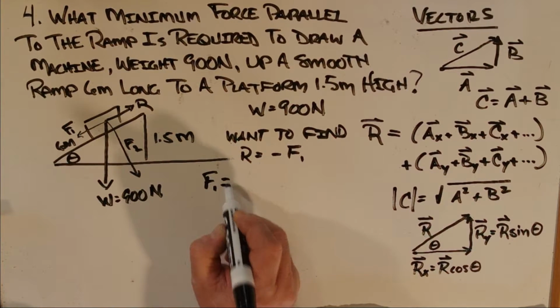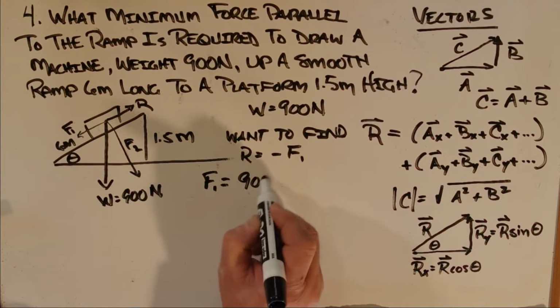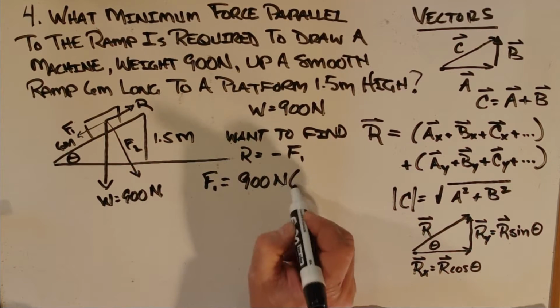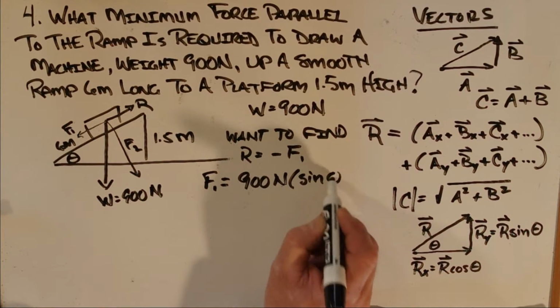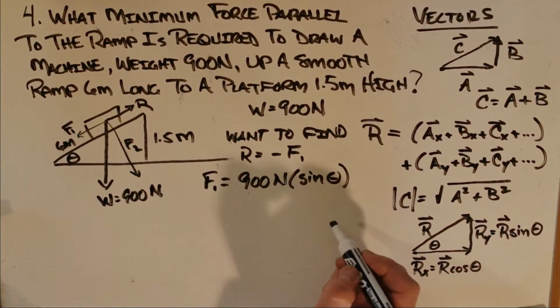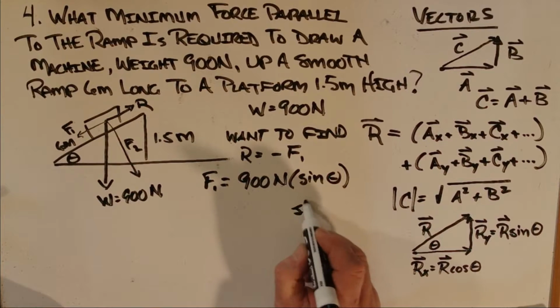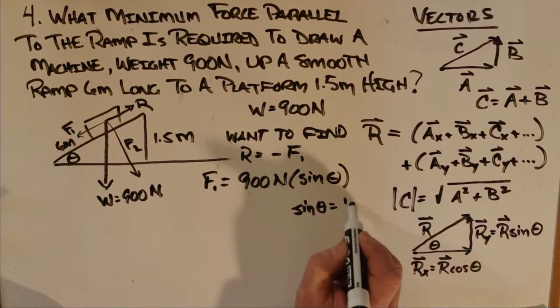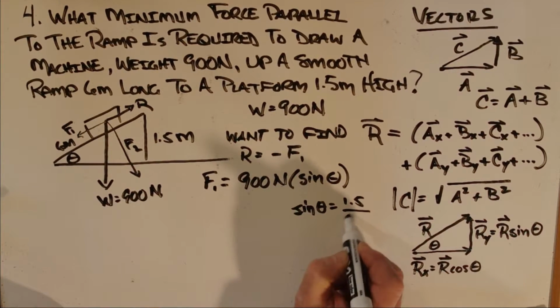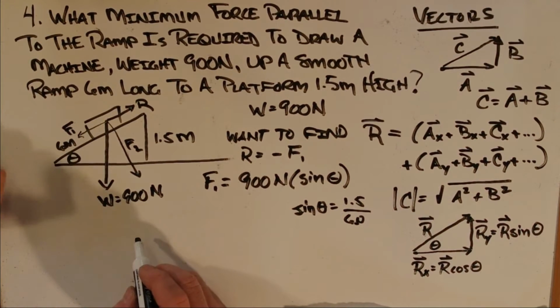F1 is going to be 900 newtons times the sine of theta. We don't know what theta is, but we don't have to know what theta is, because we know what the adjacent side of the triangle is and what the hypotenuse of the triangle is. The adjacent is 1.5 meters. The hypotenuse is 6 meters.